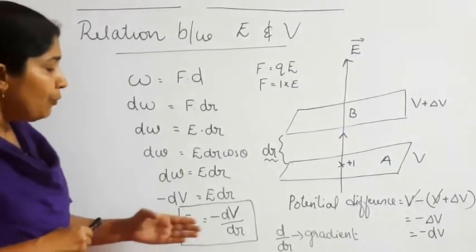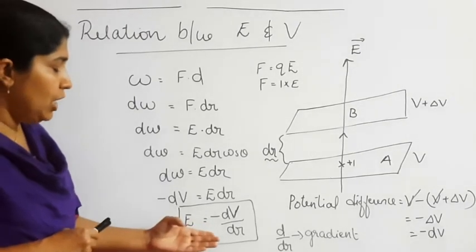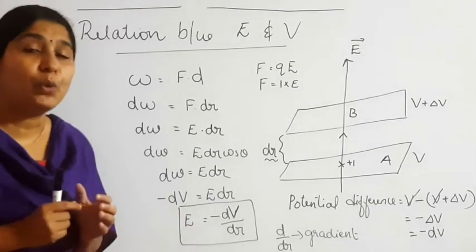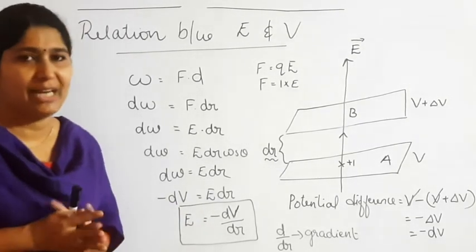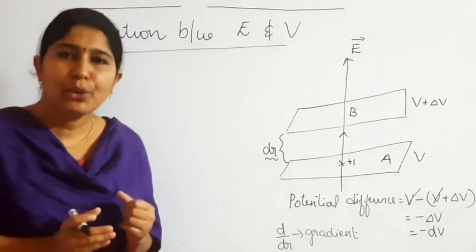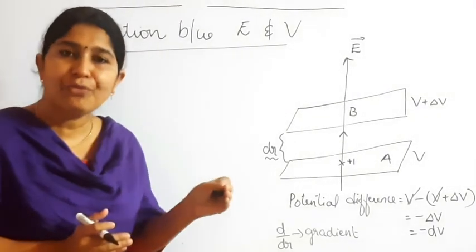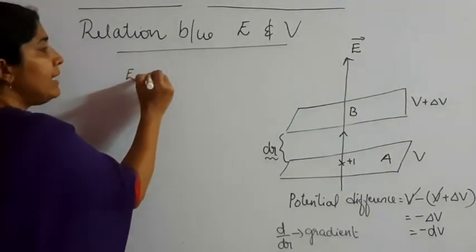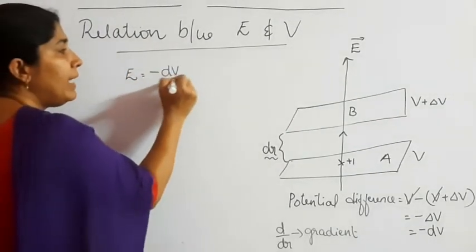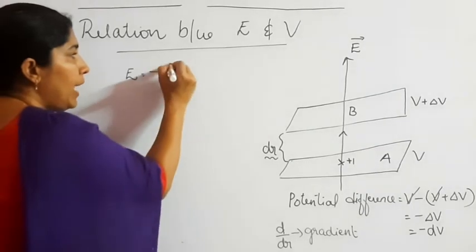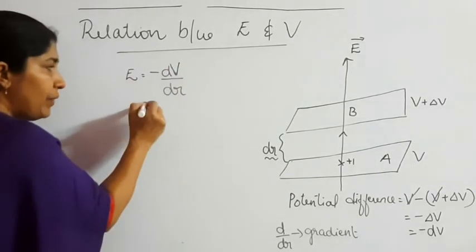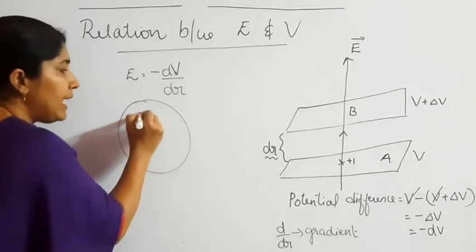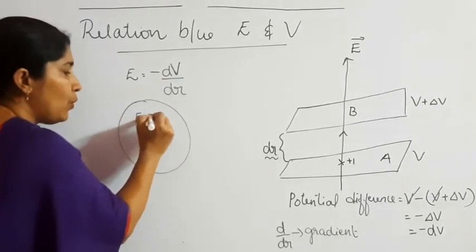From this equation, we want to find out the potential inside a shell. Once again, we write the relation between electric field and potential: E is equal to minus dV divided by dr. In the case of a shell, the electric field inside is equal to 0.